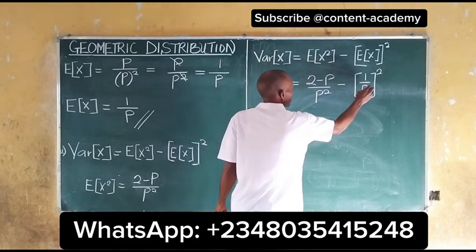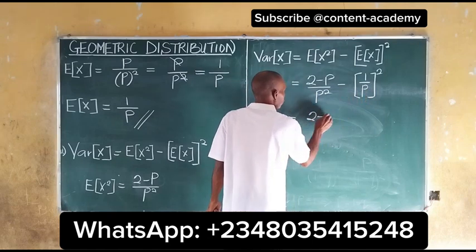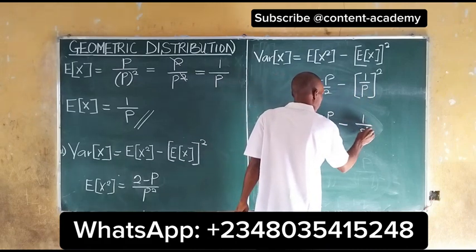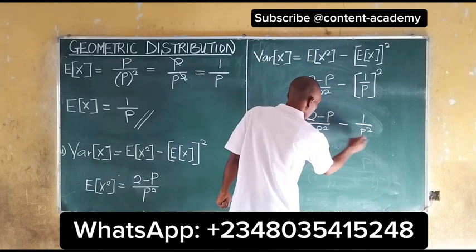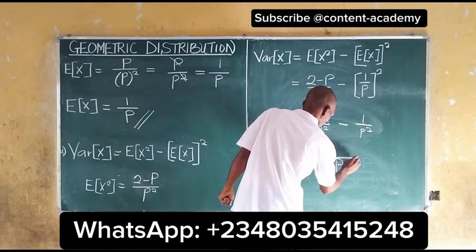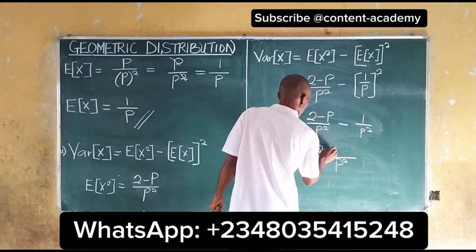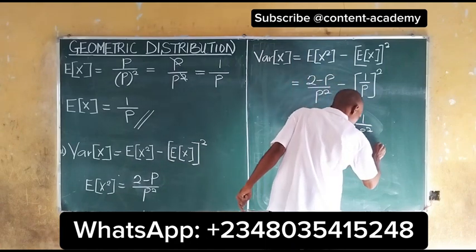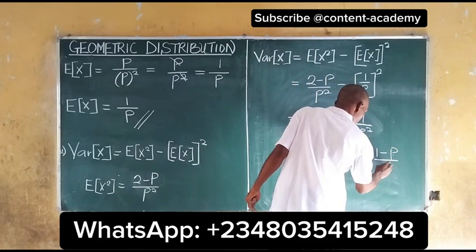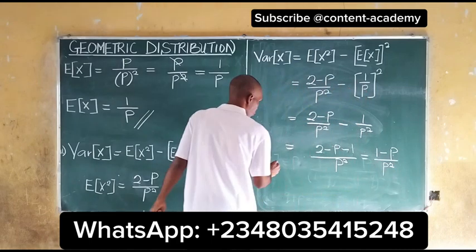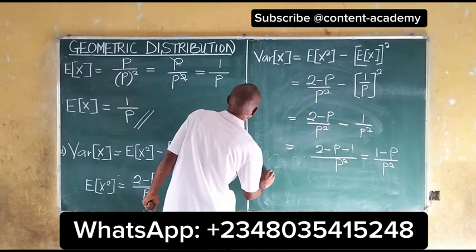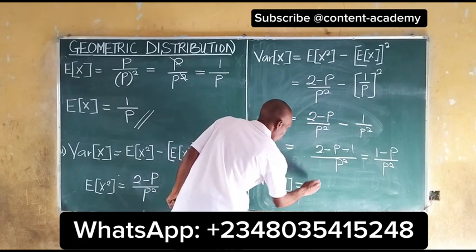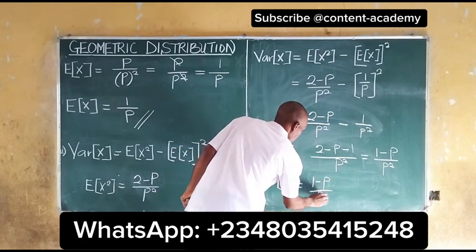If we open this bracket, we have (2 minus p) all over p squared minus 1 all over p squared, which is the same thing as, taking the LCM, (2 minus p minus 1) all over p squared, which gives us (1 minus p) all over p squared. That means that our variance of X is equal to (1 minus p) all over p squared.